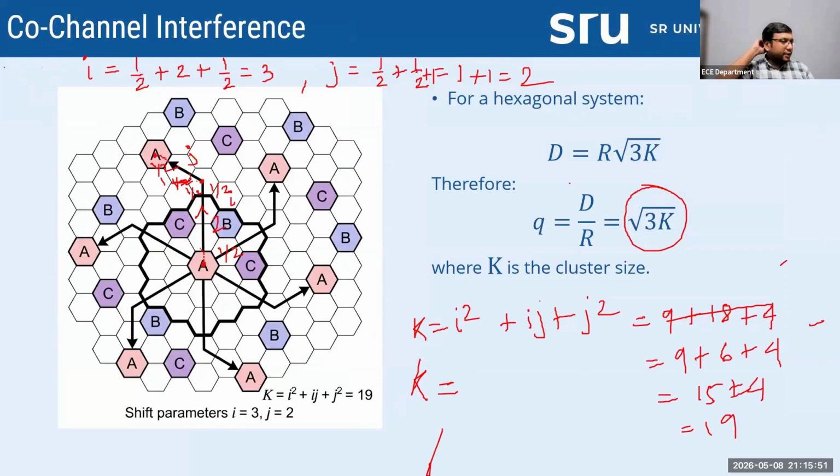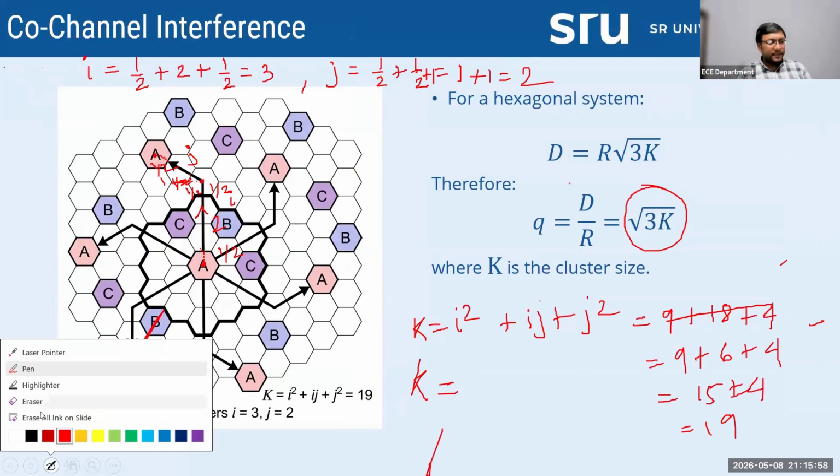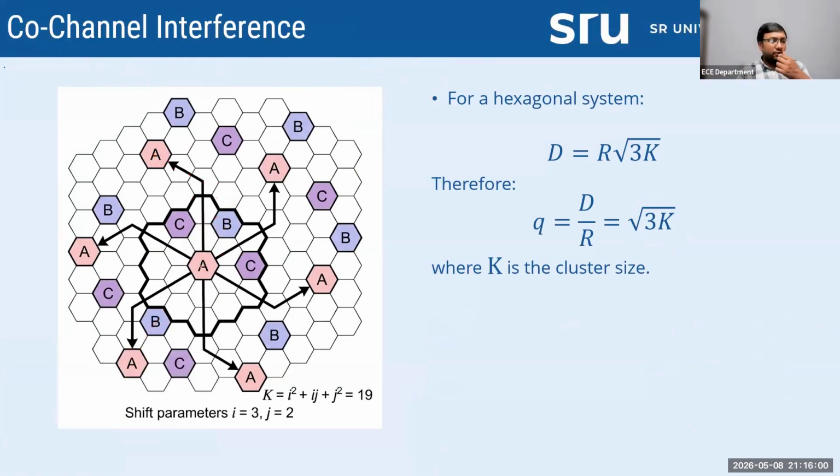So cluster size can be obtained from the shift parameter. So shift parameter means what? I'm again repeating that. For example, I want to reach from this A to this A. So first I should follow the straight line I, then I should follow the straight line J. This is the technique of frequency reuse.